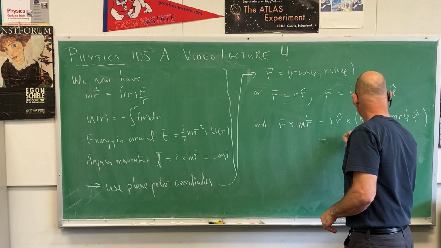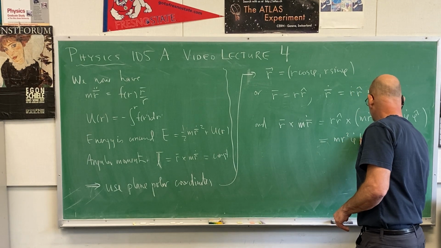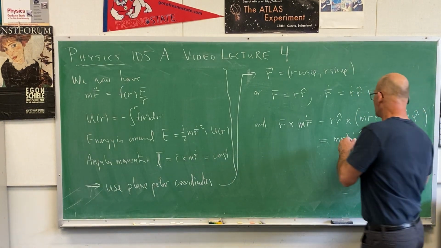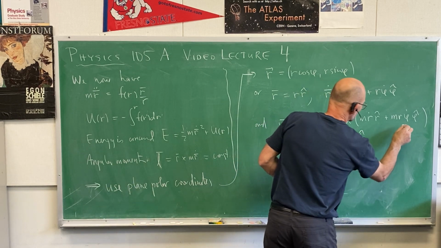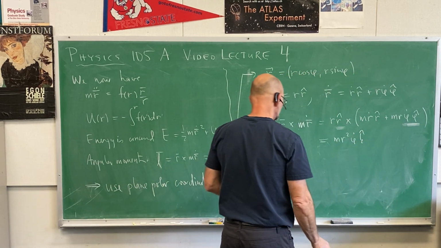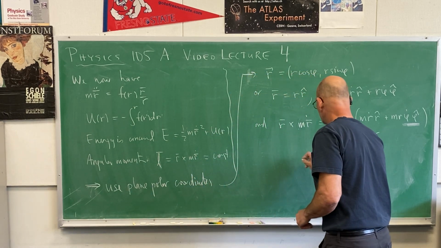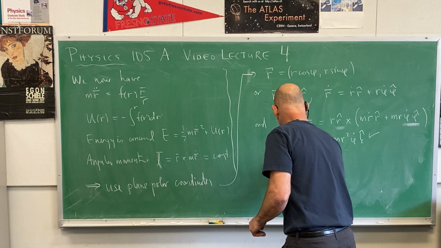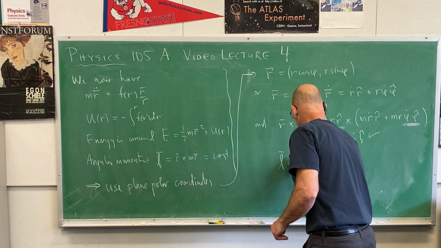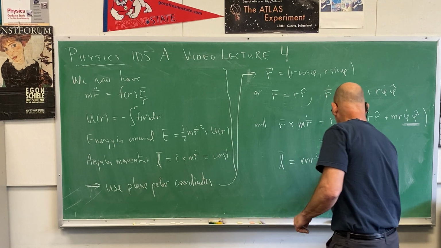We're getting m r squared phi dot k hat again because it's from this cross product right there. These two were parallel and it vanished. Okay, so this result is secure, and so L, for the record, is equal to m r squared phi dot k hat.